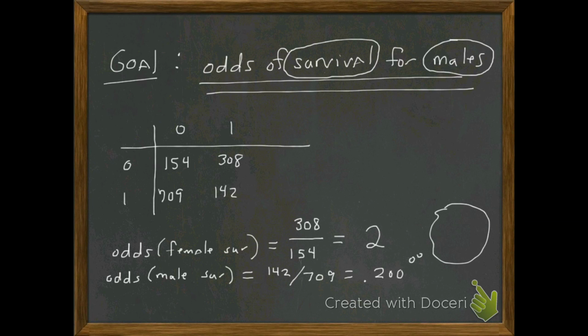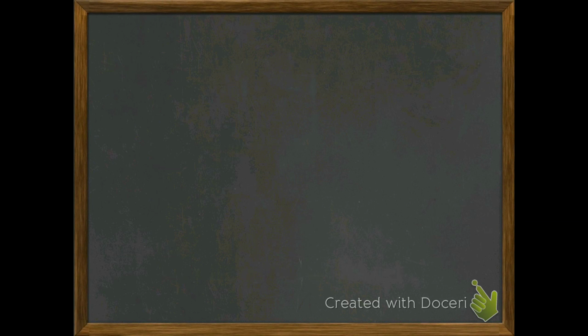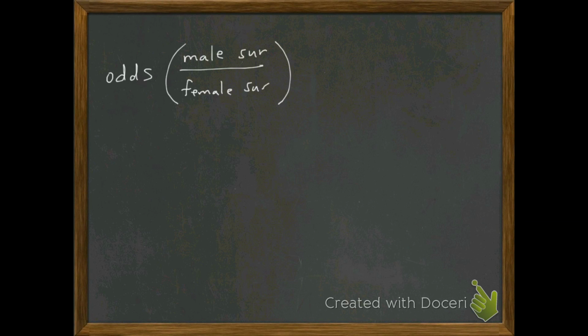All right, boys and girls, we ultimately want to look at the odds of survival for a male to a female. So therefore, I could take the odds of a male surviving to that of the female surviving, which is going to be equal to 0.2220. If I did everything correctly, let me double check that.